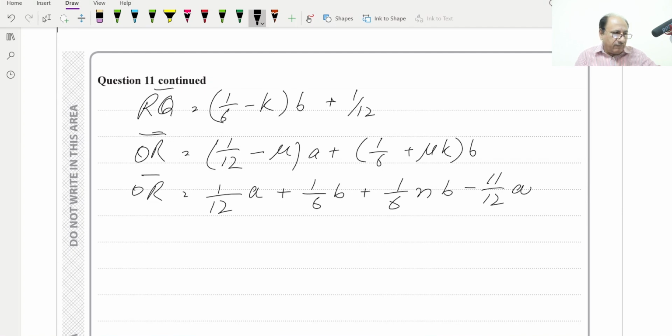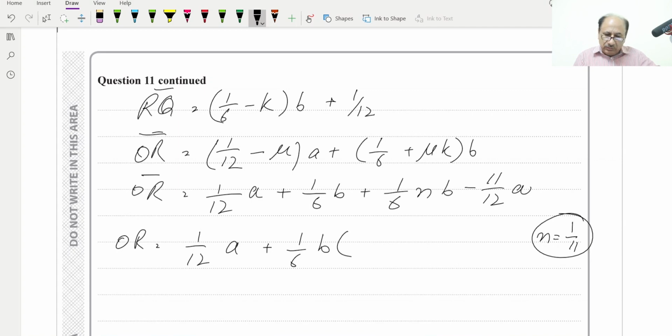So this will be our final equation, and from here we can figure out n. n is equal to 1 by 11. So OR will be equal to 1 by 12a plus 1 by 6b into, next we can replace n is equal to 1 over 11. So this will be 1 by 6 into 1 by 11 into b minus 11 by 12 into basically na.